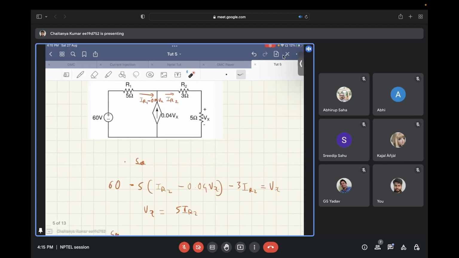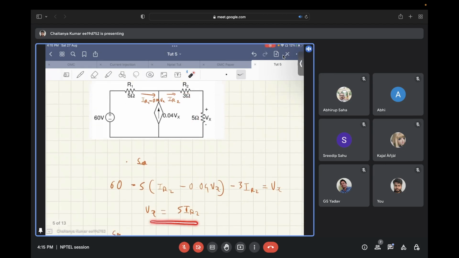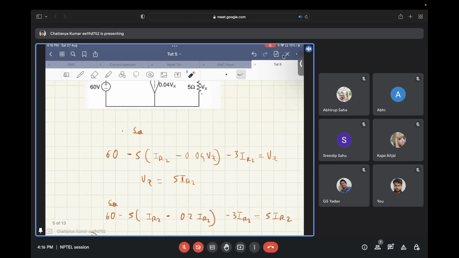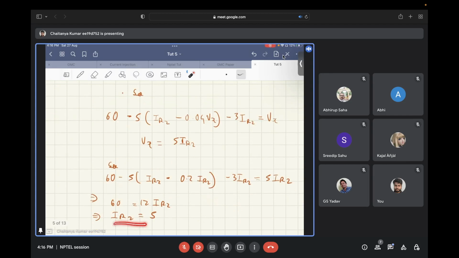Now, since IR2 is the current flowing in the series of 3 ohm and 5 ohm resistors, Vx can be written as 5 times IR2. If you substitute this, you get an equation only in terms of IR2. If you solve this equation, you get IR2 as 5. Any doubt in this?